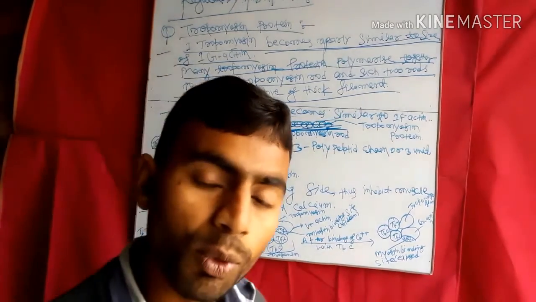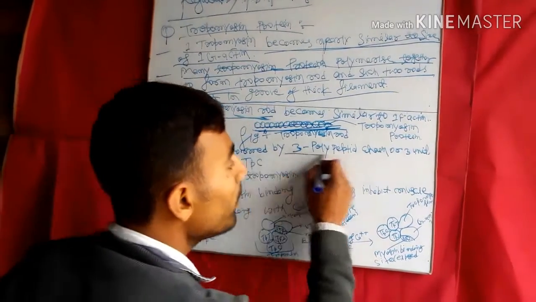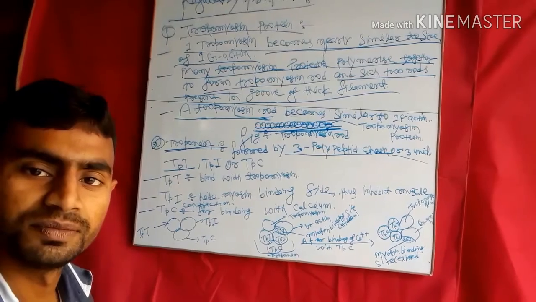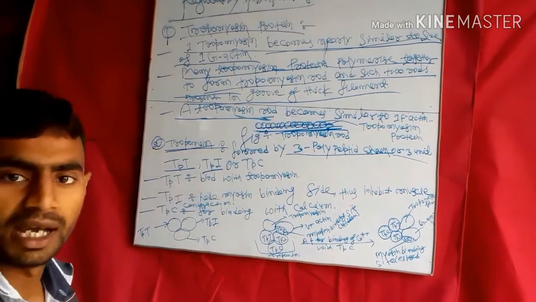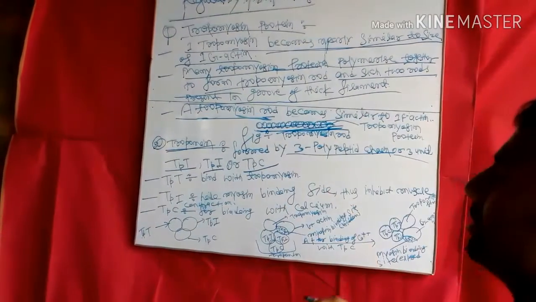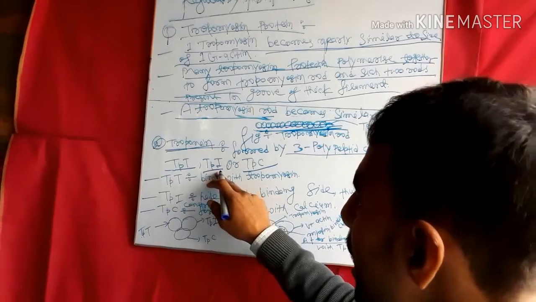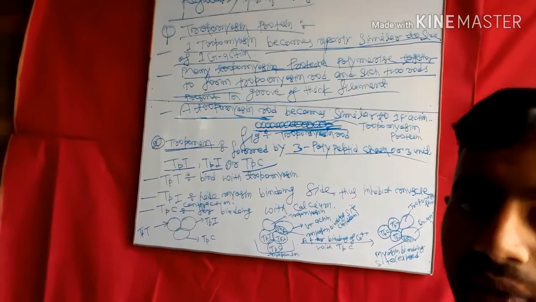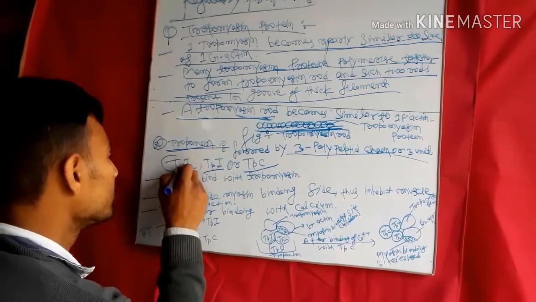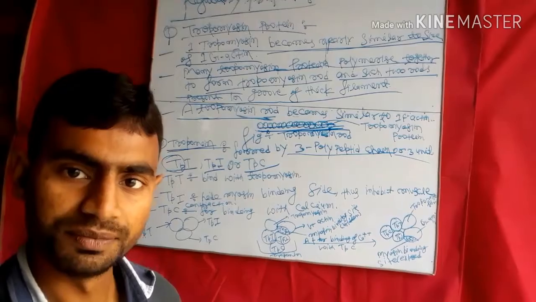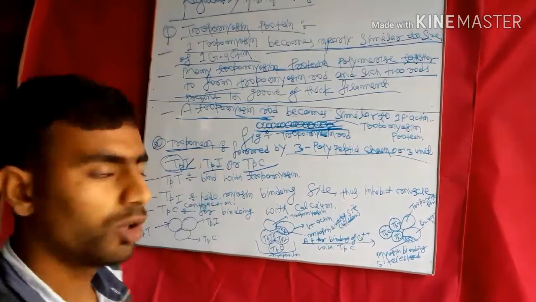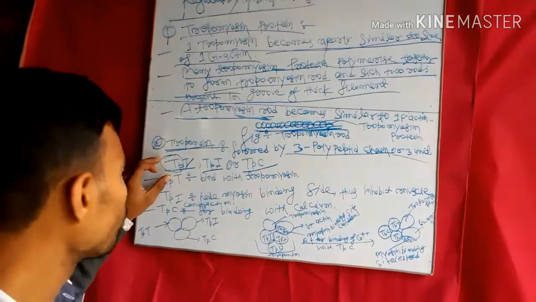Never forget that troponin is formed by three polypeptide chains or three units: TPT, TPI and TPC. It is necessary to understand what these are. TP stands for troponin, and T stands for tropomyosin, so TPT means troponin tropomyosin.